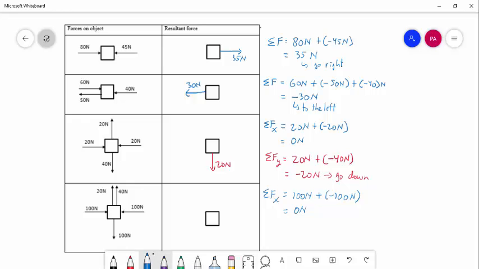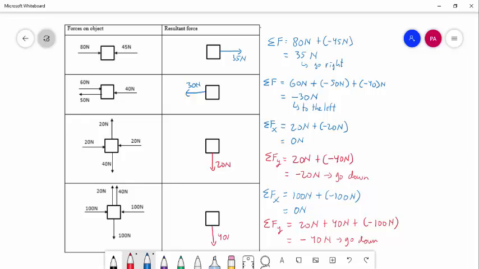And then for the y resultant force, there is 20 Newton plus 40 Newton plus negative 100 Newton. So the total is negative 40 Newton. So this one goes down. Then we just draw like this, 40 Newton.